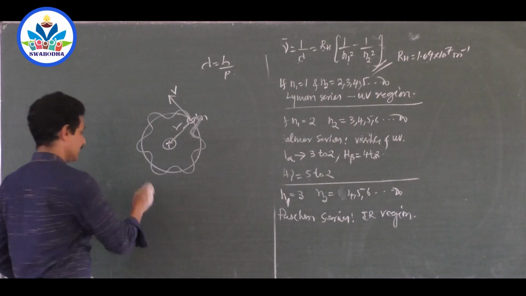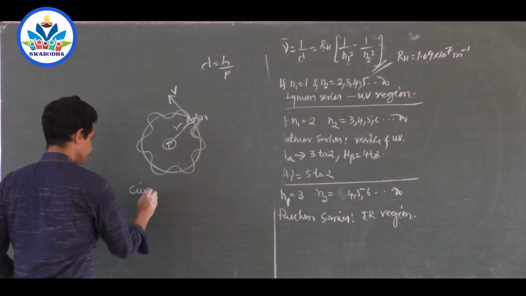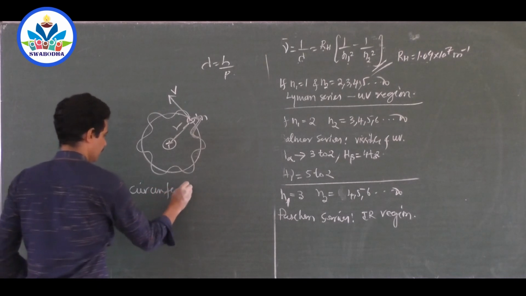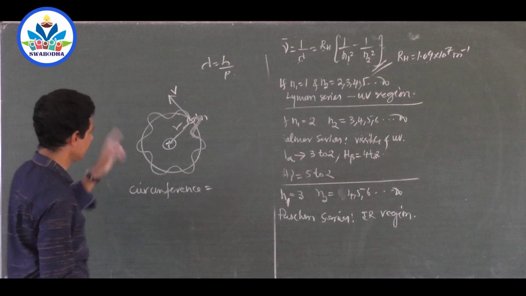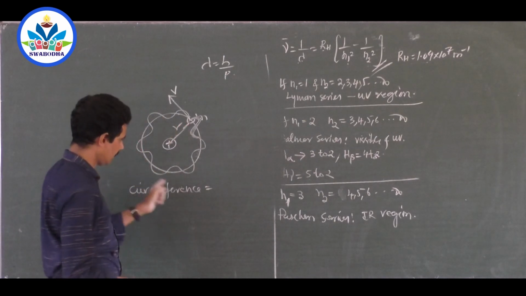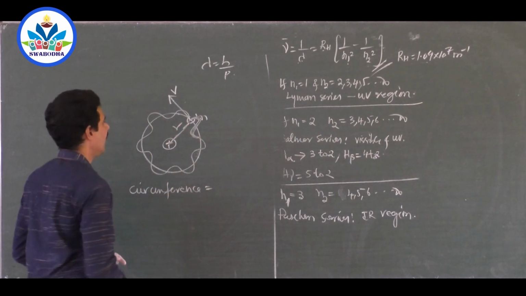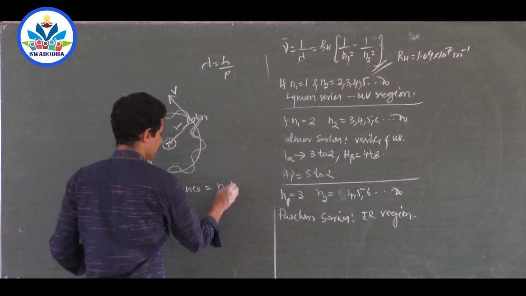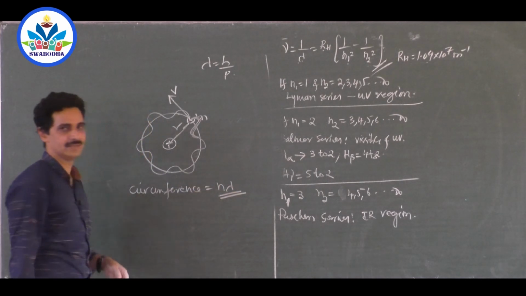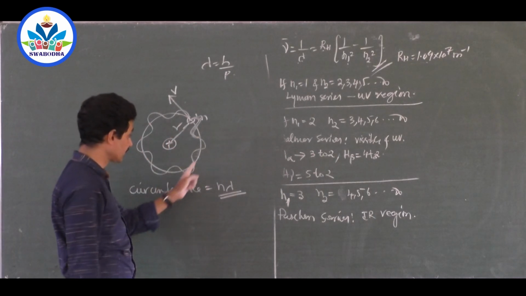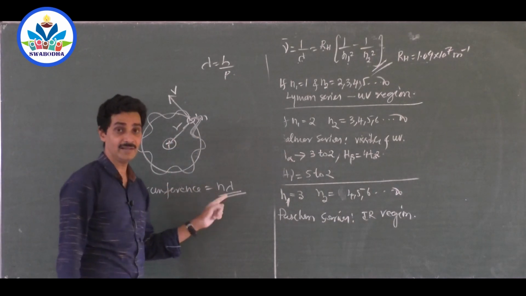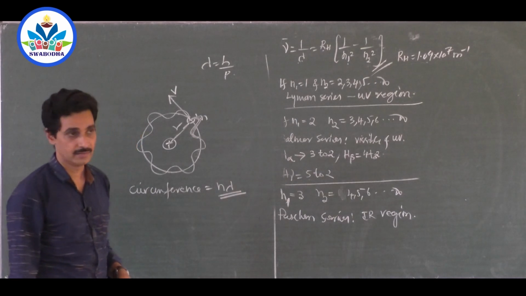That means the circumference of the circular orbit and the wavelength must be related like this, where n is a quantum number again. The circumference of the circular orbit must be equal to n times the de Broglie wavelength.